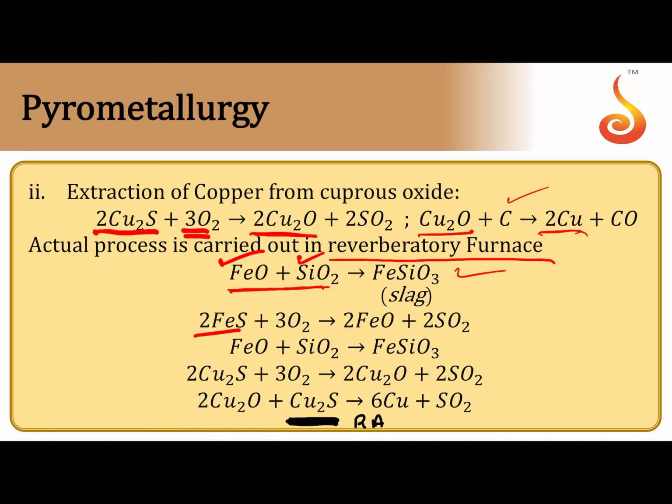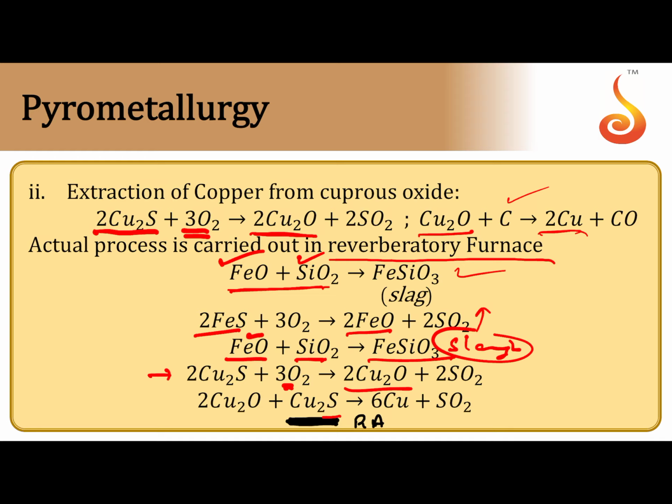Ferrous sulphide, if any is there, undergoes oxidation to give ferrous oxide by the removal of vapors of sulfur dioxide. This ferrous oxide, also being a basic oxide, combines with the flux forming ferrous silicate slag. Next, cuprous sulphide undergoes roasting to give cuprous oxide.